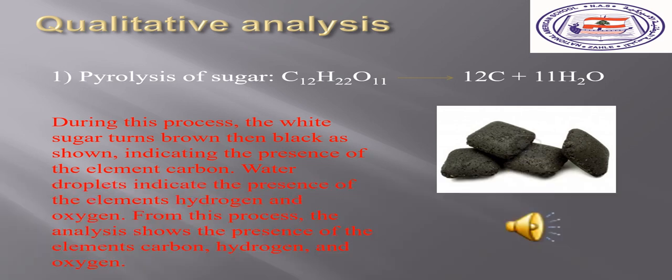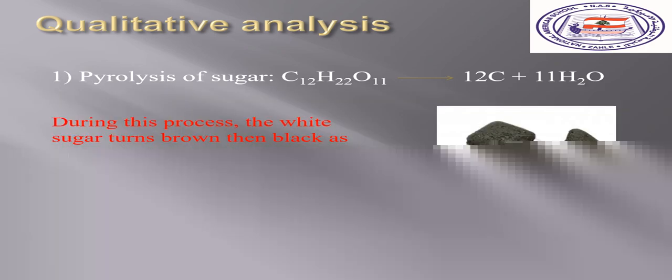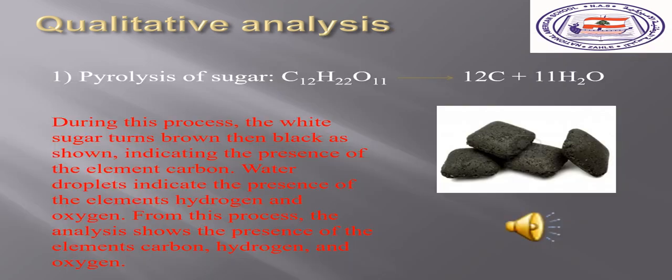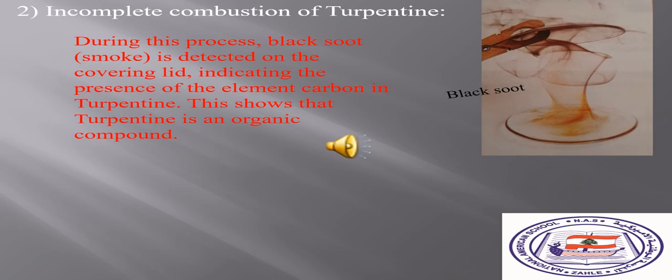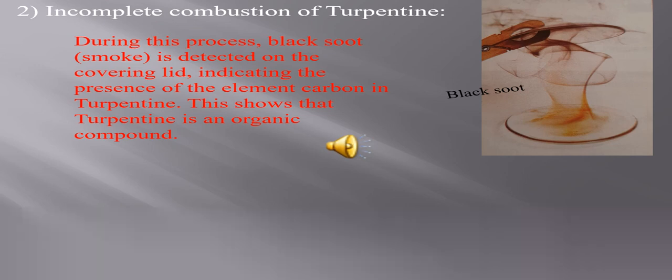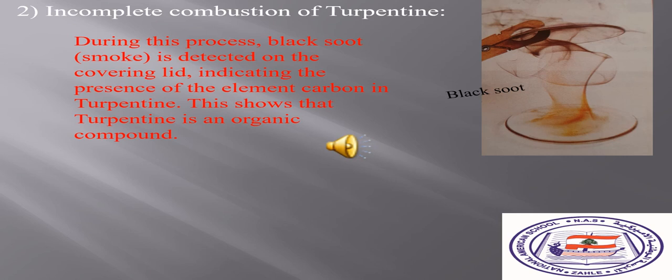And during the pyrolysis or the decomposition of sugar, if you place it in a beaker or on a spoon, you will notice that droplets of water are formed. Now, since water is made up of hydrogen and oxygen, we conclude that sugar has carbon, hydrogen, and oxygen elements in its structure.